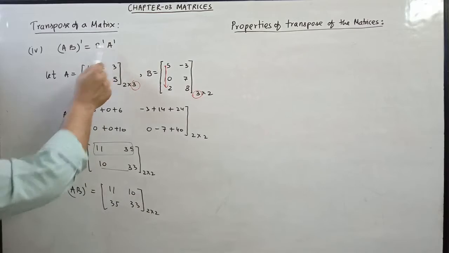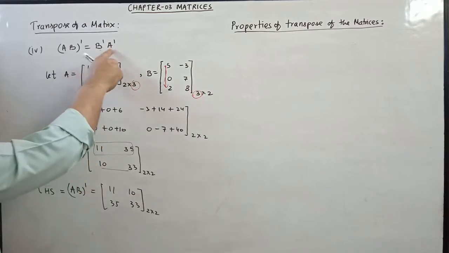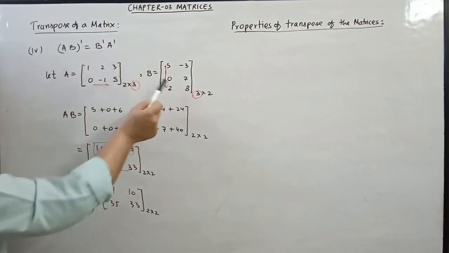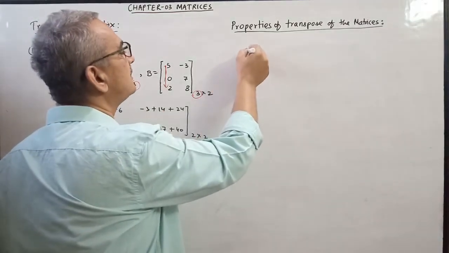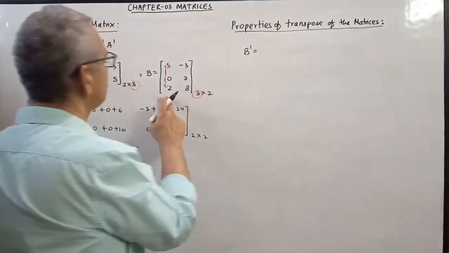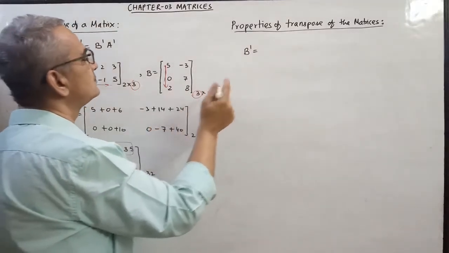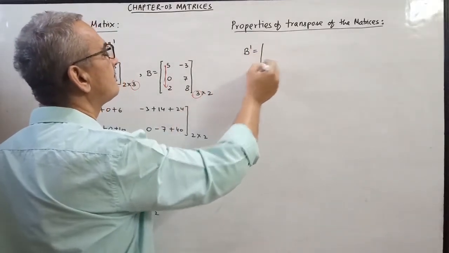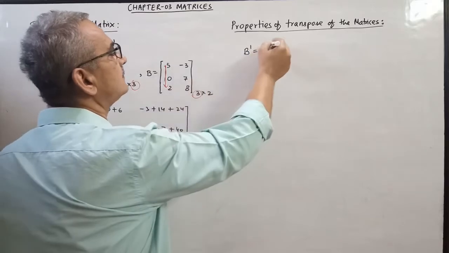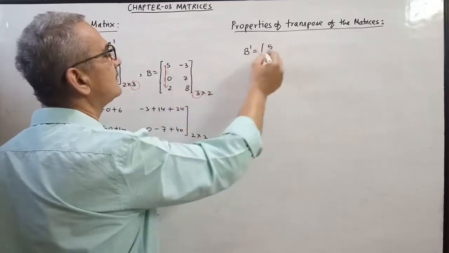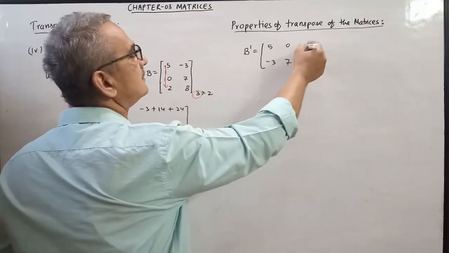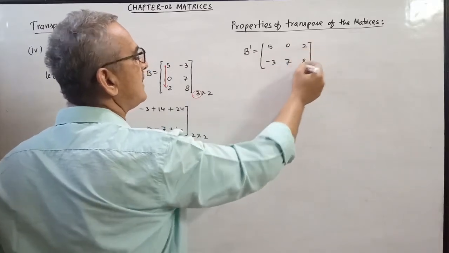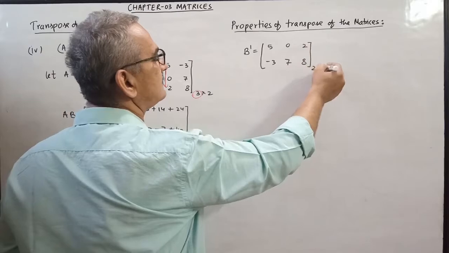Now in the right hand side you are seeing that we have the transpose of B and transpose of A. So let's take the transpose of B. Okay, so B is a 3 by 2 matrix, so the transpose of this will be 2 by 3. First row will become the first column, second row second column, third row third column, and the order of this will be 2 by 3.